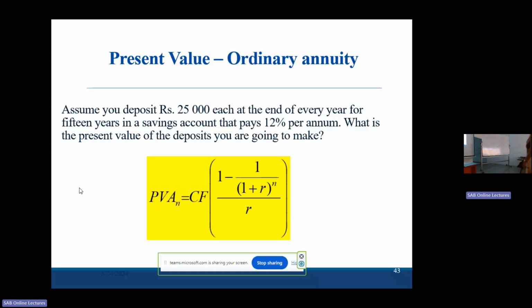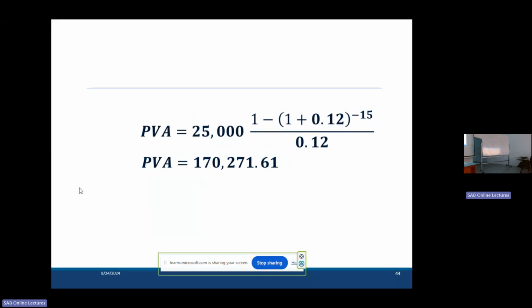So then you will get the answer. Present value of this investment is 170,271. Did you get it? Right.